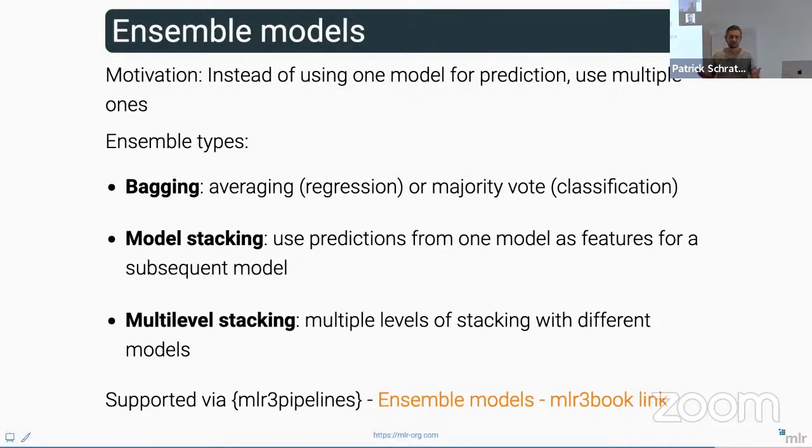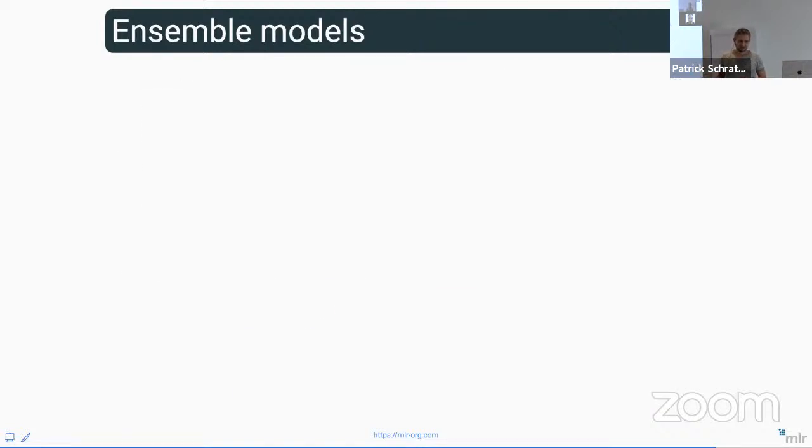But of course, it depends on your budget and how long your tunings and your model fittings take. At some point there is a limit to that, but if you're running on an HPC, you might have a lot of budget and you just build a lot of models. It's up to you. All of this is supported via mlr3 pipelines.